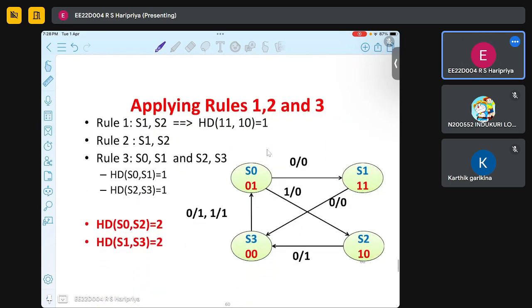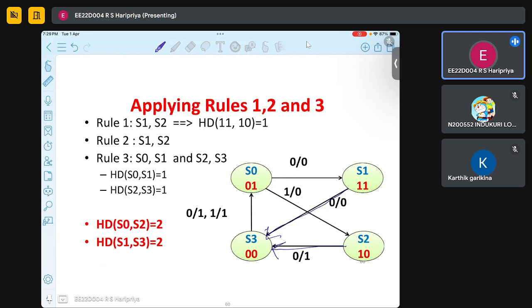So now if we apply these 3 rules to simplify this state diagram. According to rule 1, from S1 and S2 we are going to the same state, S3.